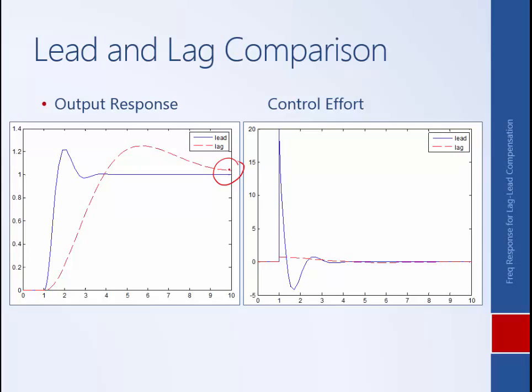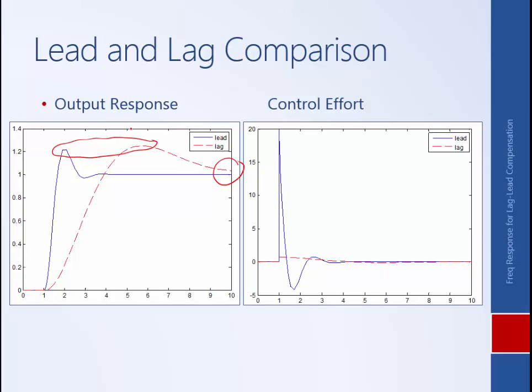If we looked at the response to a ramp, they would both also have the same steady state error. They also had similar phase margins, and so they achieve similar overshoots. The lag compensator had a little bit more phase margin, but similar overshoots.